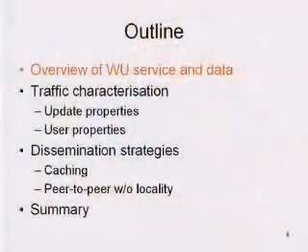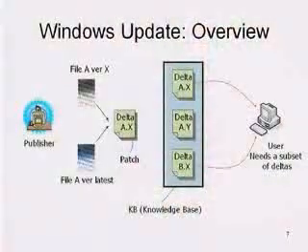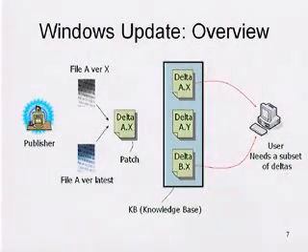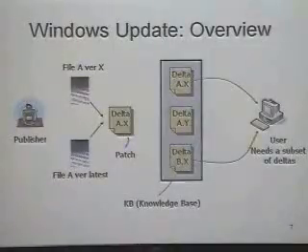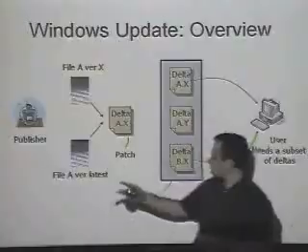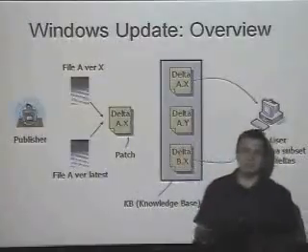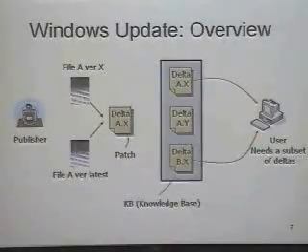Starting with an overview, maybe this is needless to say, we have content that is provided, which is software updates. The way it is published is that there is a publisher, programmers make changes to the code. Say there is a need for a new feature, which induces modifying a set of files.